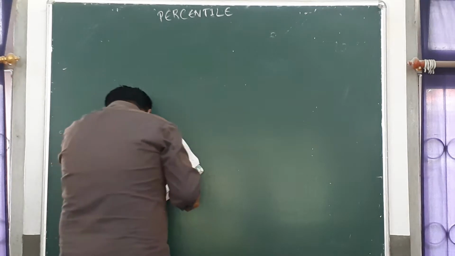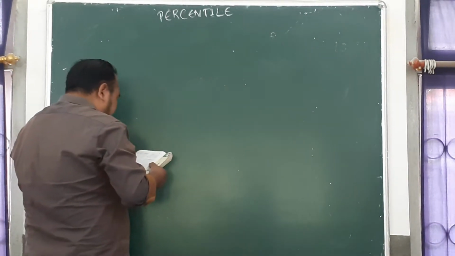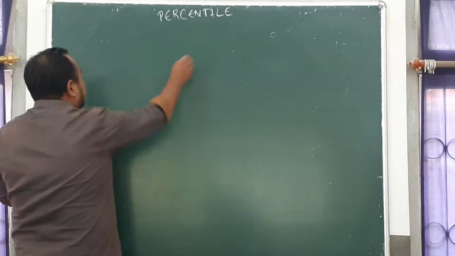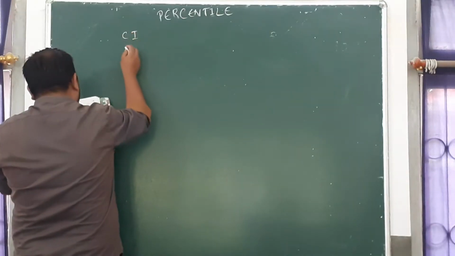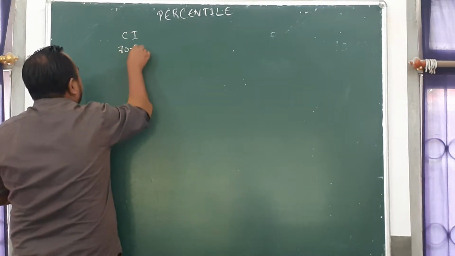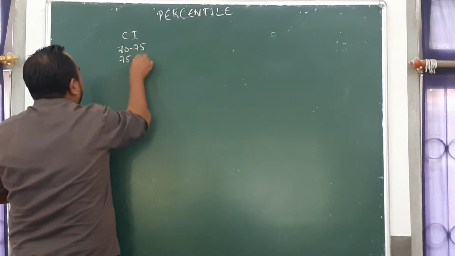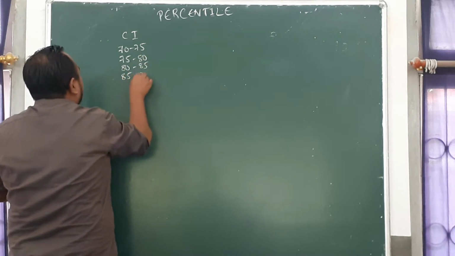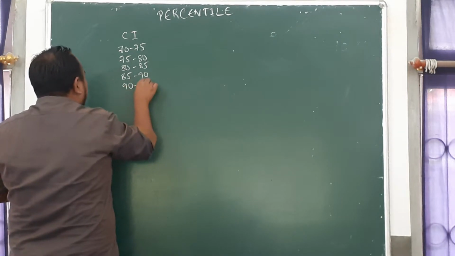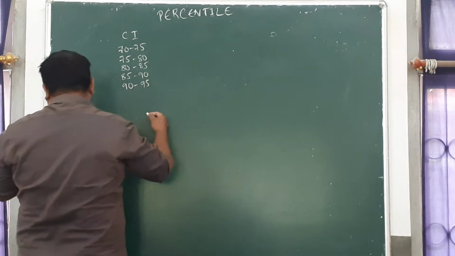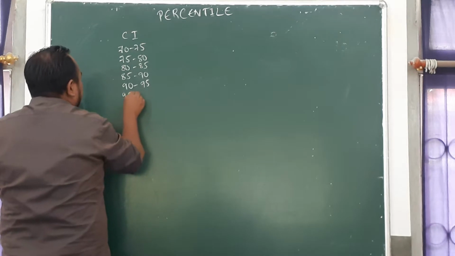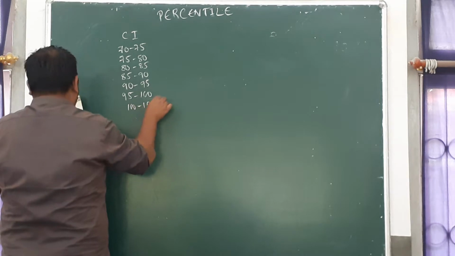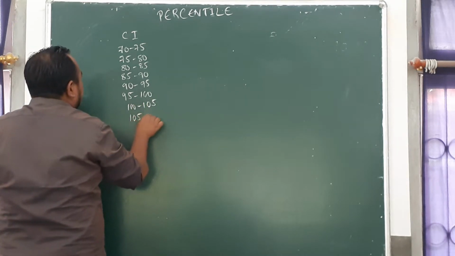Now the question is, find the 25th and the 40th percentile from the following frequency distribution. The class intervals are given as follows: 70 to 75, 75 to 80, 80 to 85, 85 to 90, 90 to 95, 95 to 100, 100 to 105, then 105 to 110.